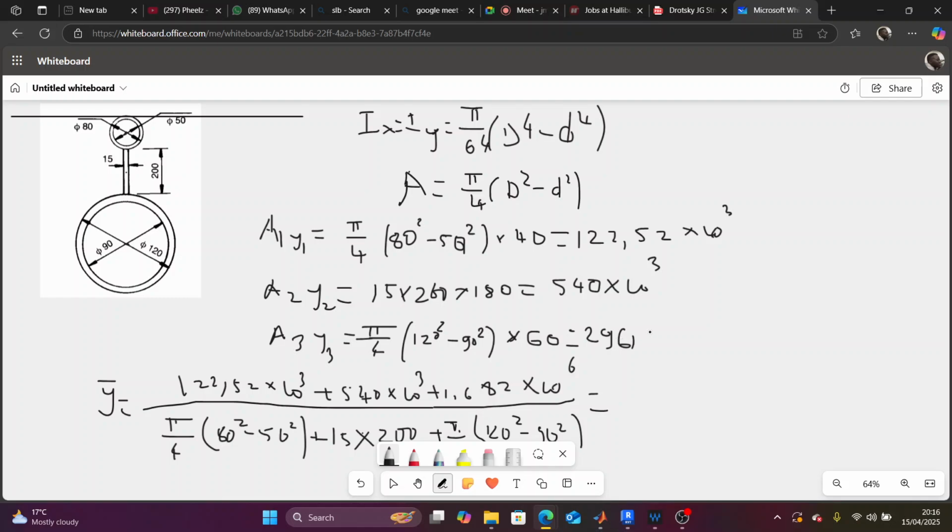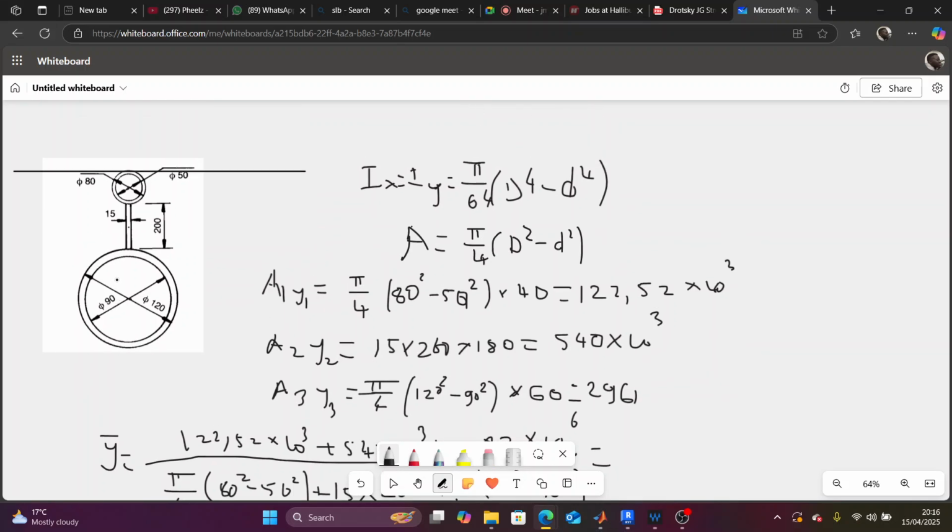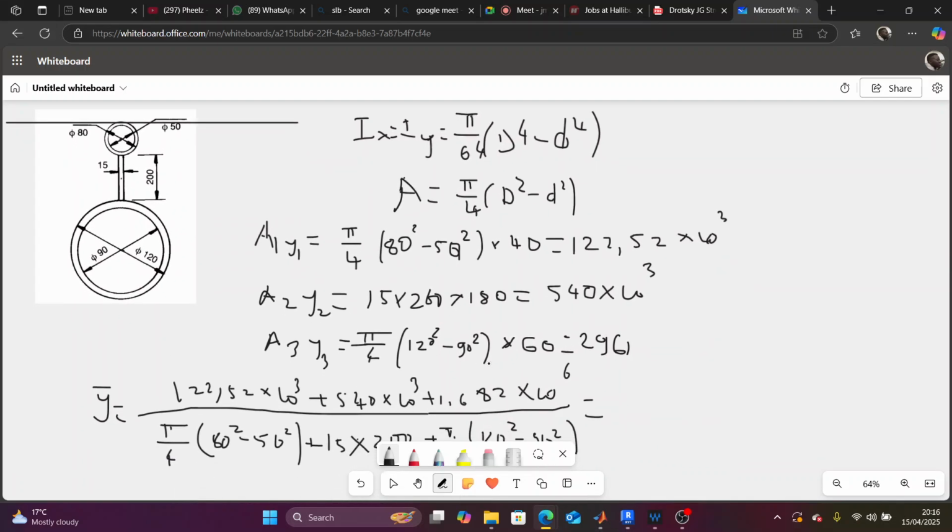Okay, now A3Y3. Why did you say times 60? What is it supposed to be? No, it's 60 plus this plus this plus that. It is 80 plus 200 plus 60, which is what? Yeah, that's where the mistake is. Sorry, my brain has been thinking from the morning until now. It's been working overtime.